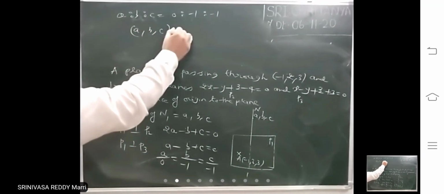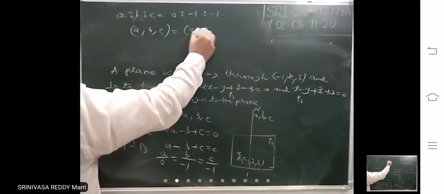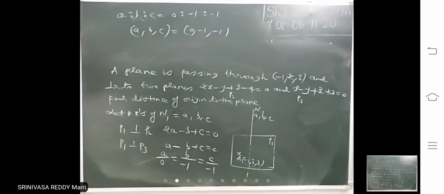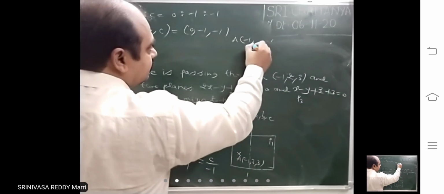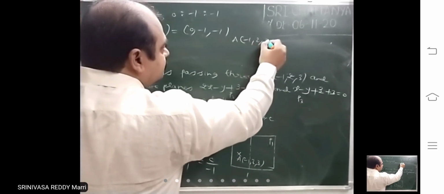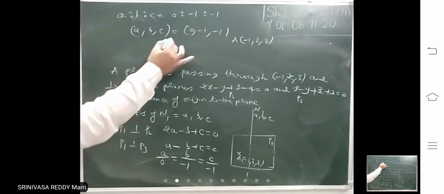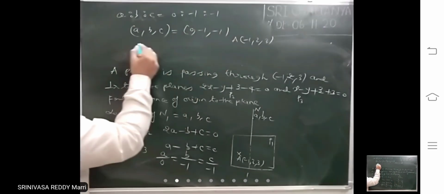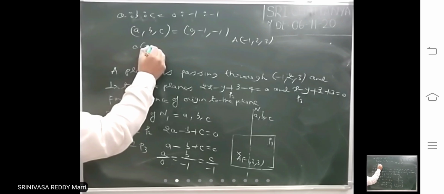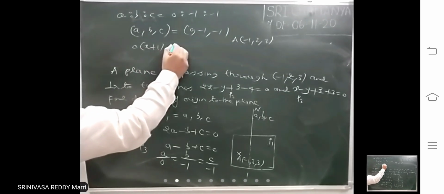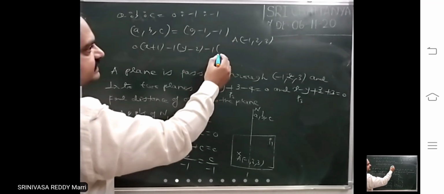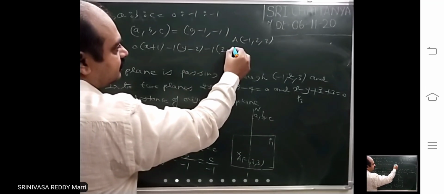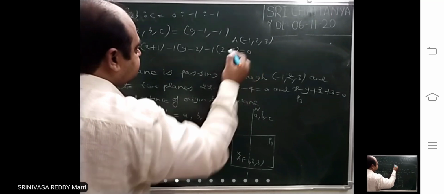Therefore DRs of normal are nothing but 0, minus 1, minus 1, and it is passing through the point minus 1, 2, 3. Therefore, what is the equation of the plane? A into x minus x1 plus B into y minus y1 plus C into z minus z1.